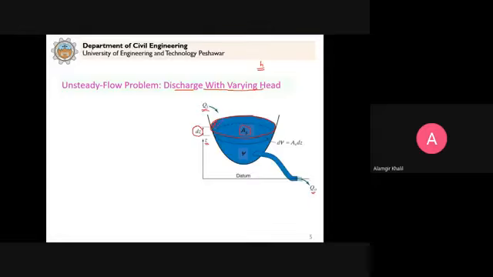This is the surface area, denoted by AS. Now you can see that this surface area is not constant. Why? Because if I consider another surface of water at this point here, then this will be the surface area. So in this case, the surface area is not constant. Clear?